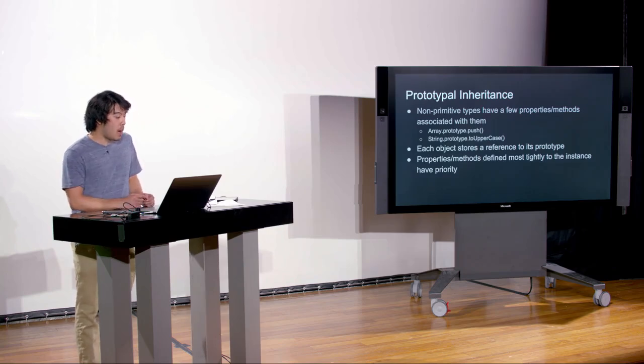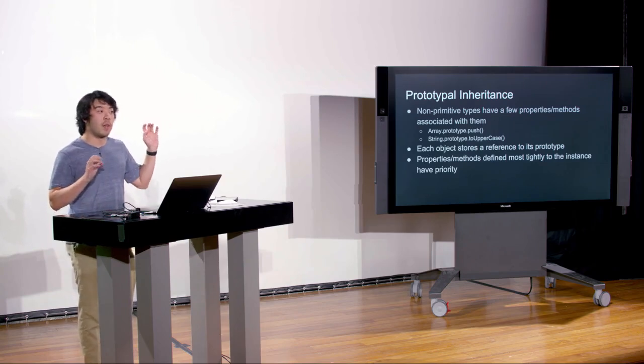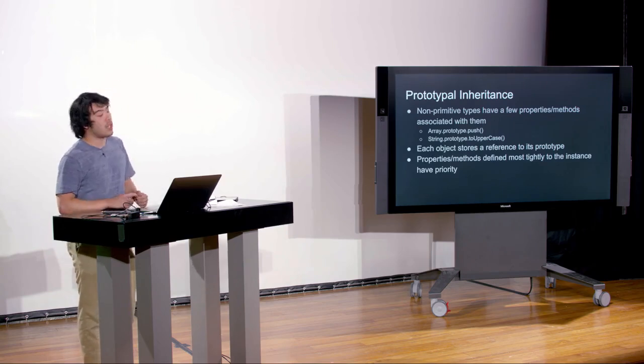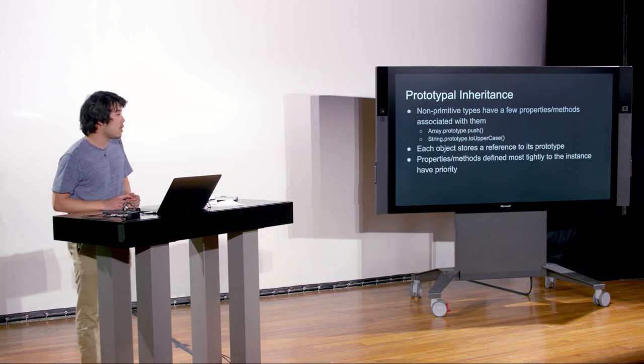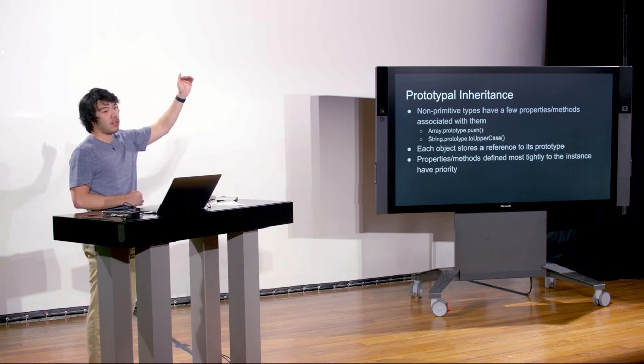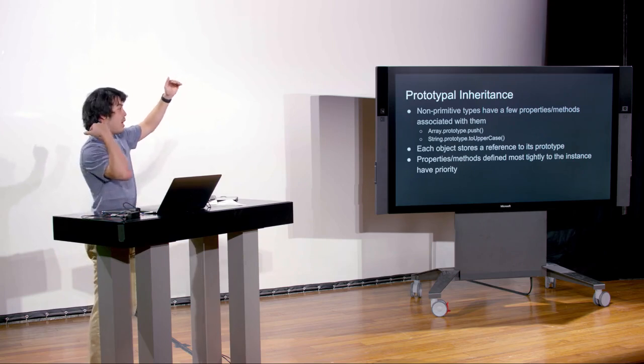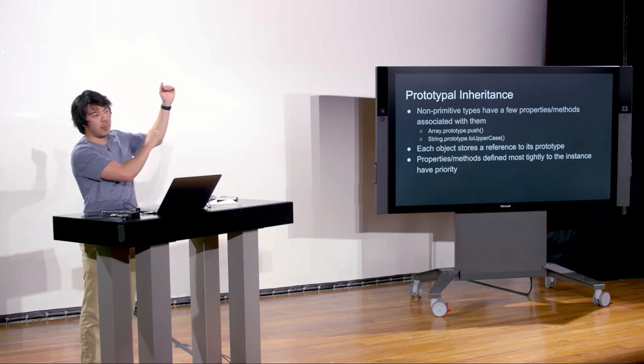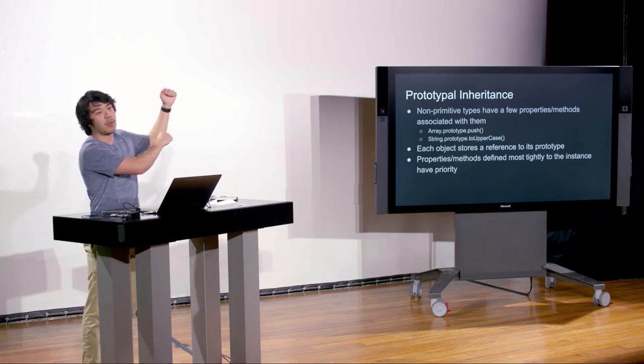And say we have a prototype chain where there are a bunch of different methods of the same name. Whichever one is bound most tightly to the instance has the priority. So say we have an object and an array, so say we have a value that is of type array.